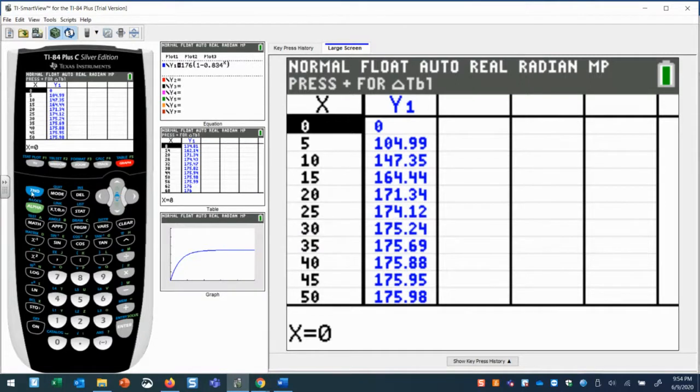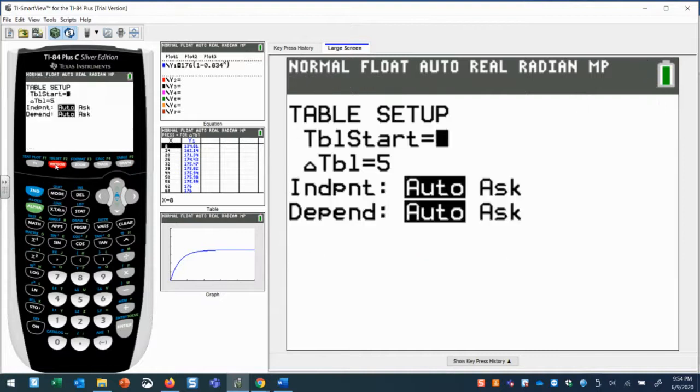So I'm going to change my table to start at 25 and go up by, say, 0.5 or 0.1, make it a little smaller, and see can I narrow in or zoom in on my answer.